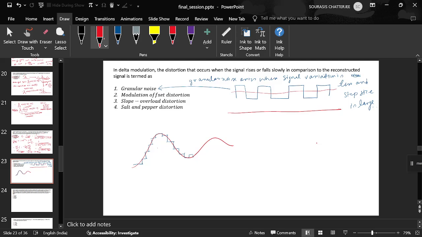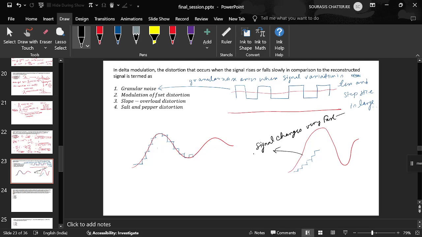The opposite thing happens when the signal rises very fast and your step size is very small. Then you can see the difference here. The signal changes very fast and step size is small, then we have a large reconstruction error.